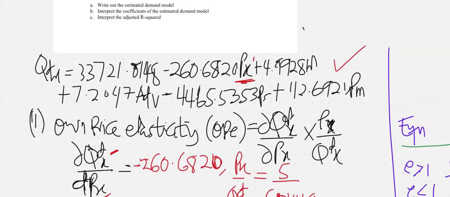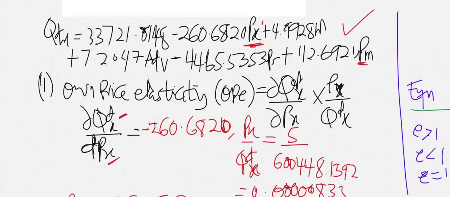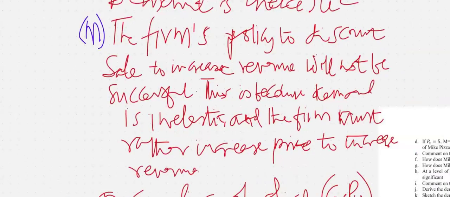As the index number is 1, we will just write the coefficient of the PM as the derivative of the Qdx with respect to PM.